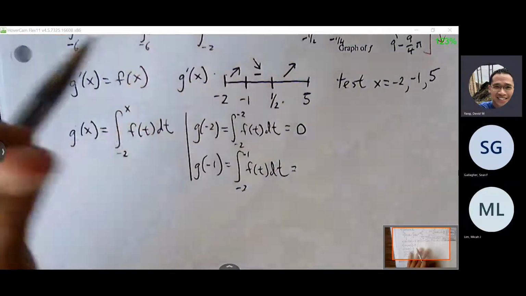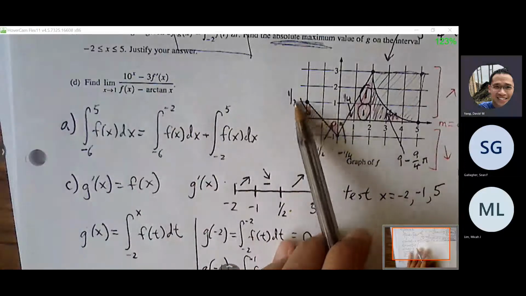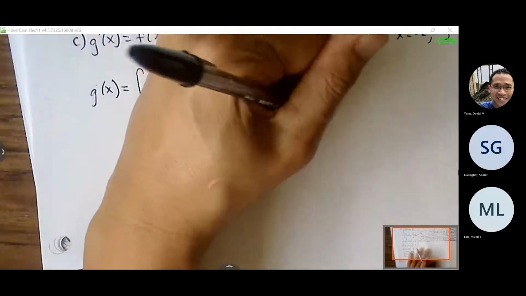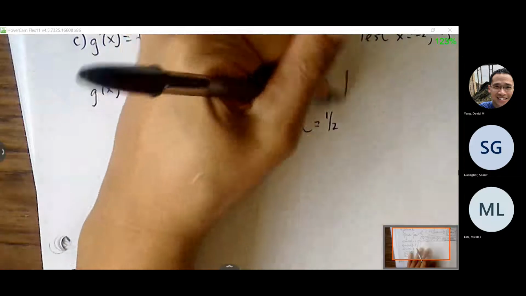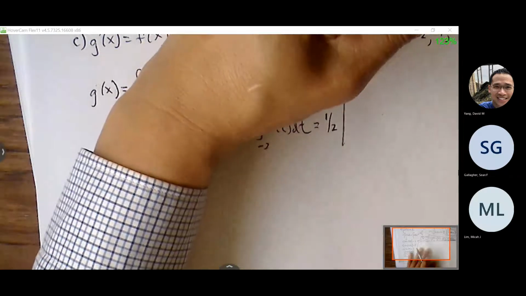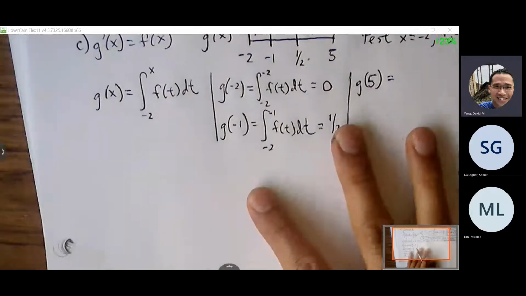So the area of the graph between -2 and -1, that's just going to be positive 1/2.